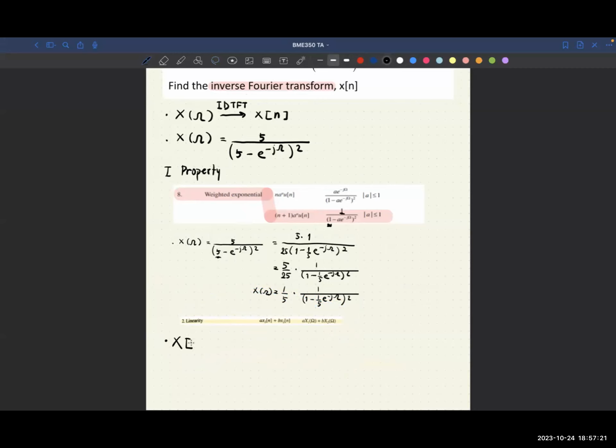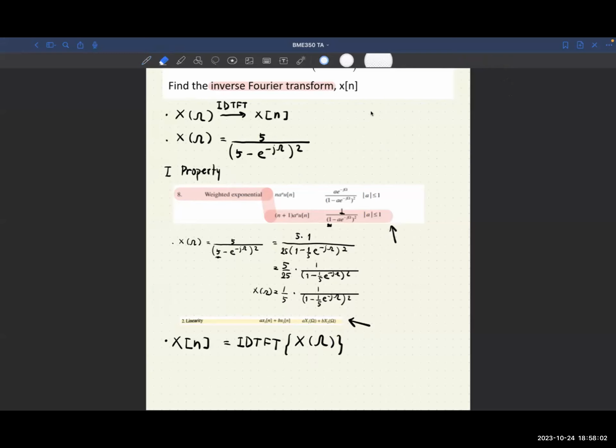I have my x[n] here, and I know it is the inverse discrete time Fourier transform of X omega, big X. And you got everything you need. You got this property, this pair, and this property. Okay, let's start with the easiest step first. Oh yes, Isabella, you already got everything now.